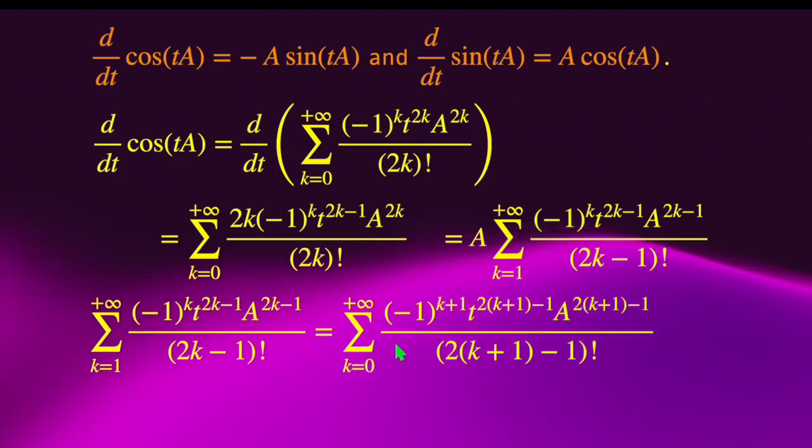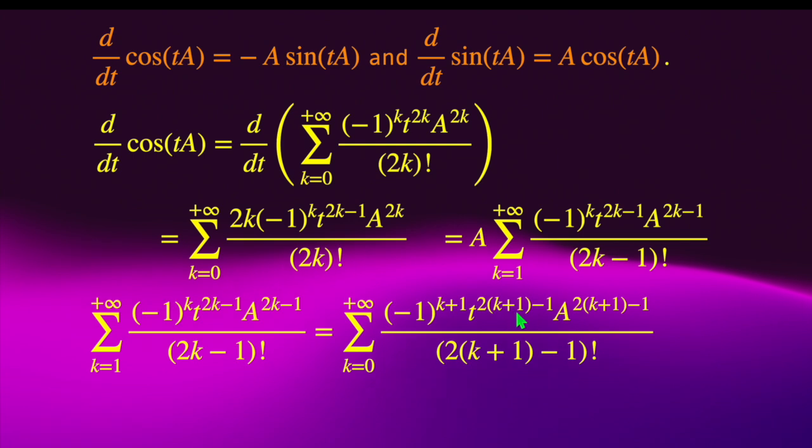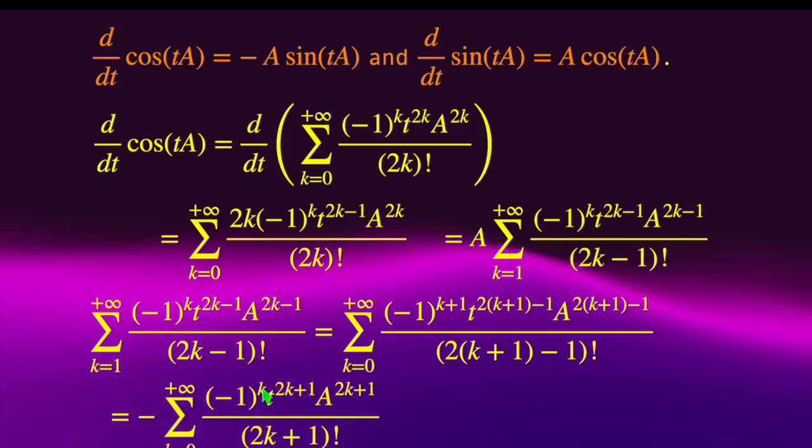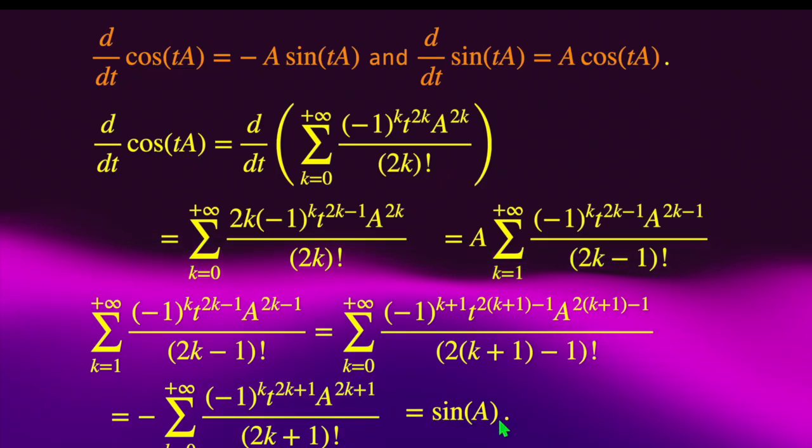So we get this formula, and now we compute this quantity, which is equal to 2k plus 2 minus 1, which is equal to 2k plus 1, and we get minus here because we have minus here, and it is equal to minus A sine tA. And we have shown this formula.